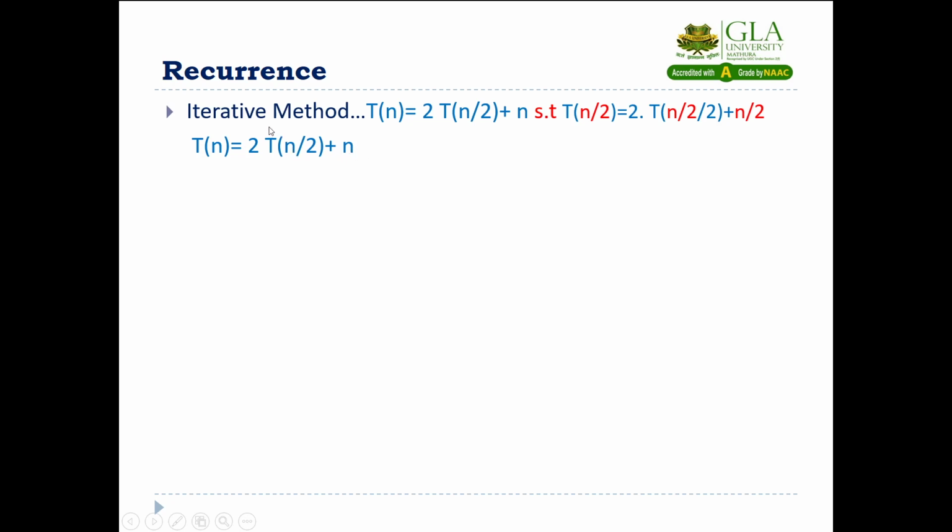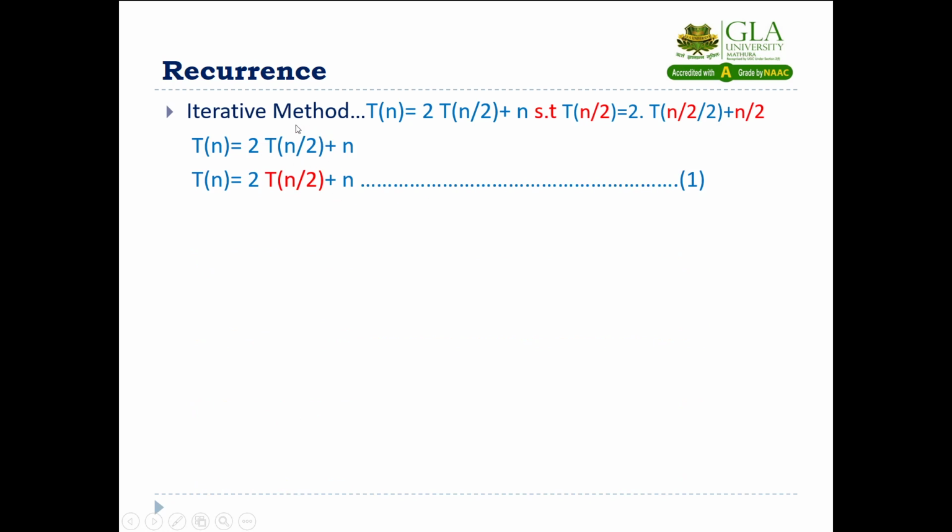So what will be the next expansion of T(n/2)? Simply, in this formula, you can put n/2 in place of n, then you will be able to find T(n/2). So our task is to expand this T(n/2) first.